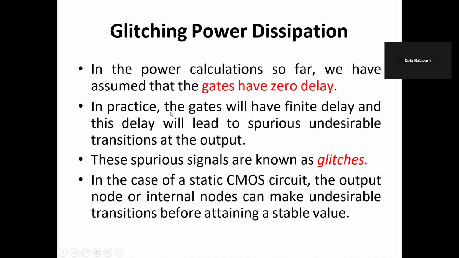Generally, while doing the power calculations, we assume the gates have zero delay. But in practice, the gates have finite delay, and this delay leads to spurious, undesirable transitions at the output. These spurious signals are known as glitches.